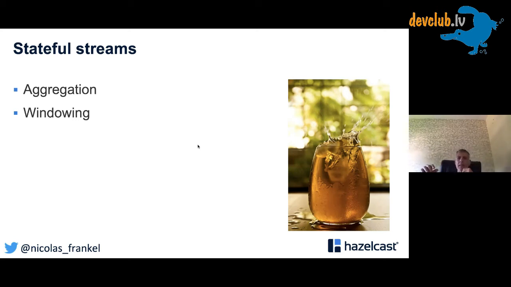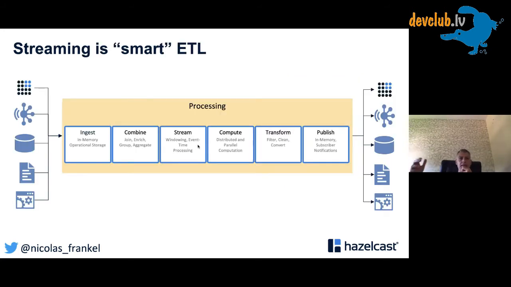And basically, streaming is this smart extract transform load. So you handle events individually instead of taking everything at once. And then you go through all your processing pipeline. And you can do a lot of the stuff that you did in the previous batching. Imagine every event as an ID.